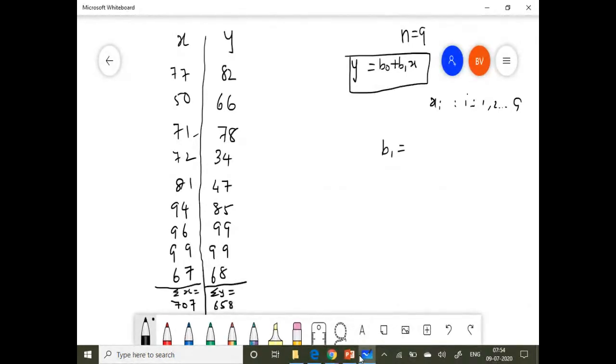The formula of B1 says n times summation xy minus summation x into summation y, divided by n times summation x square minus summation x whole square.